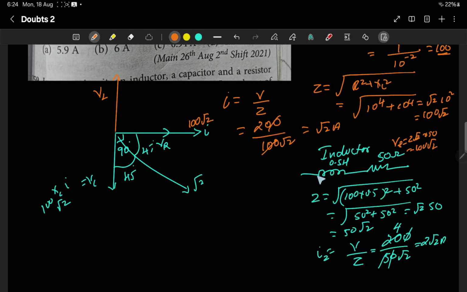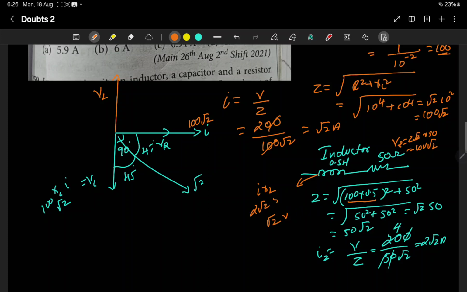What will be the voltage across the inductor? This is nothing but I into XL. I is 2 root 2, and XL is 50. Sorry, XL is what?